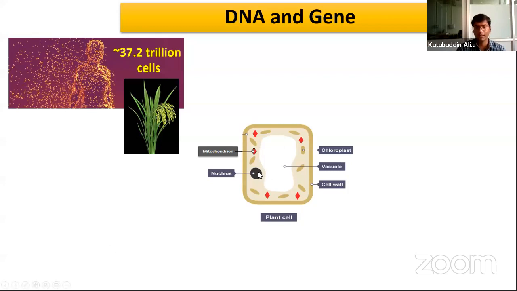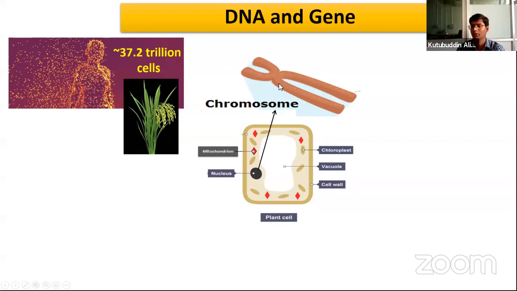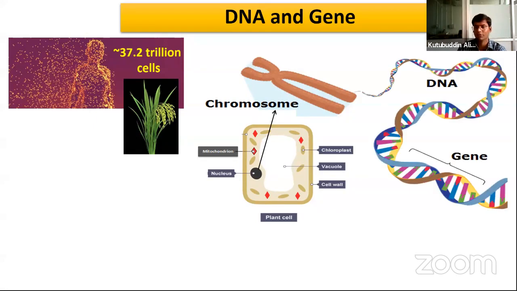This nucleus is the head of the cell because it contains the genetic material, which is called chromosome. Chromosome is the arrangement of a long thread called DNA, coiled around a protein called histone protein. To keep it simple, chromosome is nothing but a coiled thread of DNA.